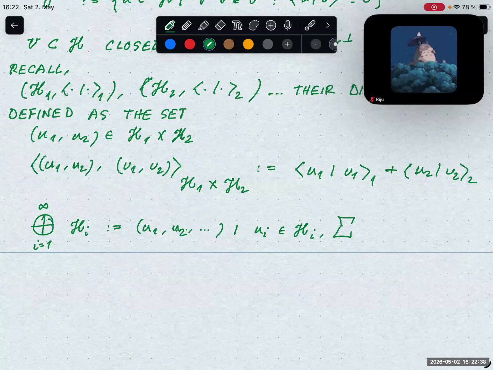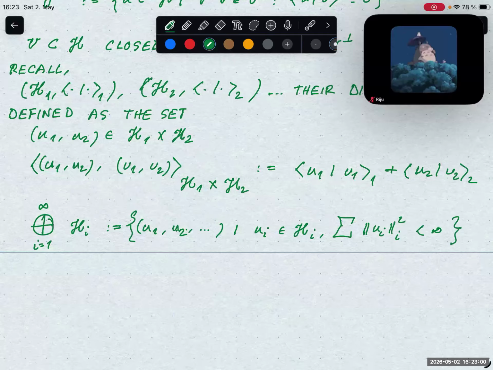I haven't discussed it, but a normed space is complete when every absolutely convergent series converges, which means you take the sum of the norms of the elements, since instead of absolute value we have norm, and they converge.